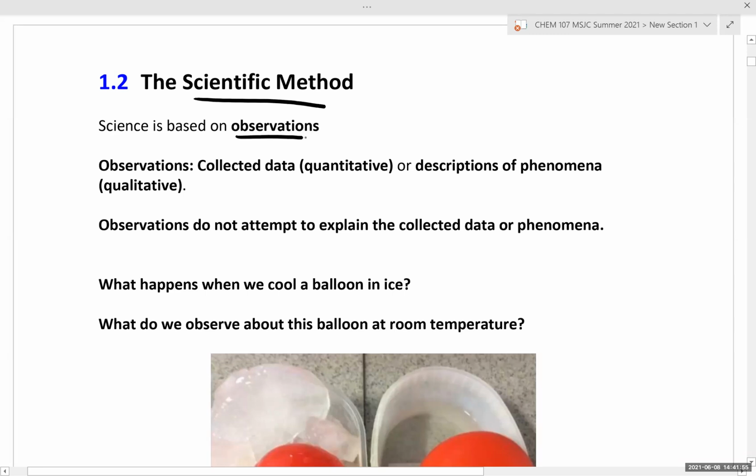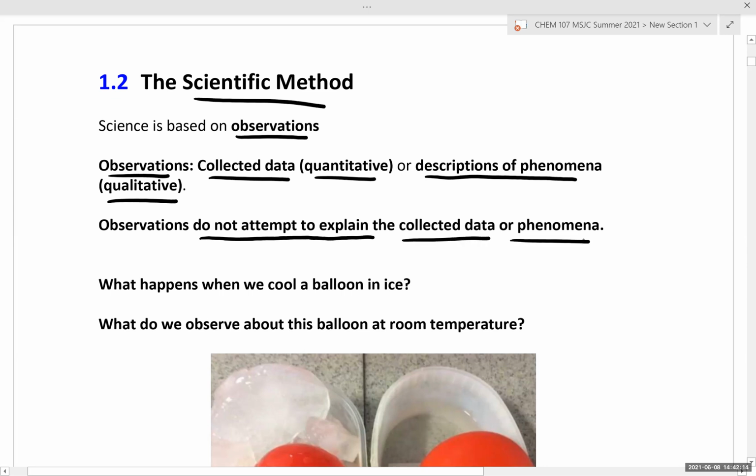Science is based on observations. These observations can be either collected data that we call quantitative observations or descriptions of phenomena that we call qualitative. Observations do not attempt to explain the collected data or phenomena. They're just collected data or descriptions.